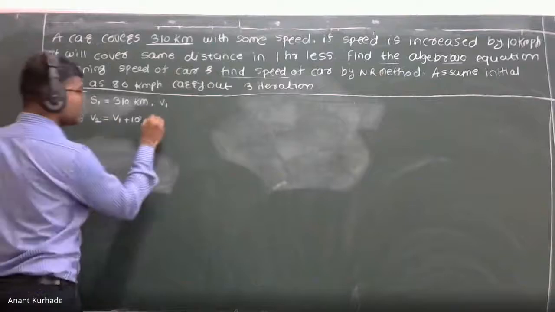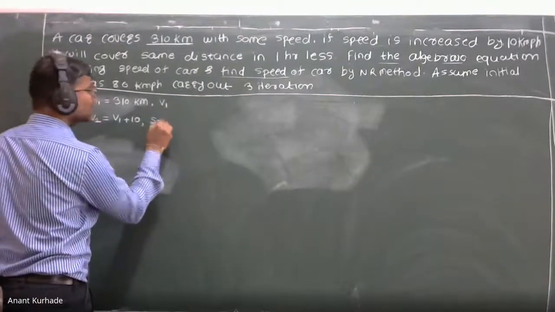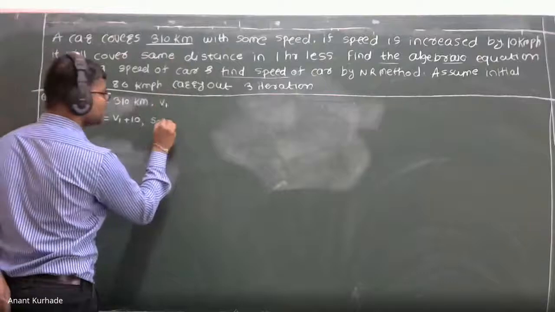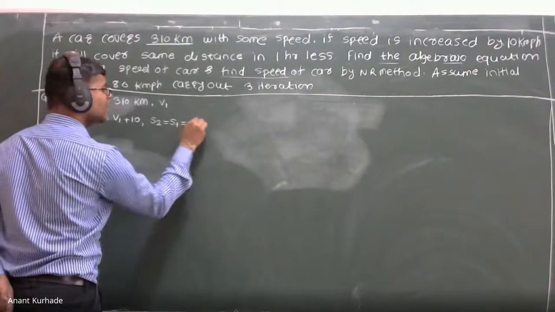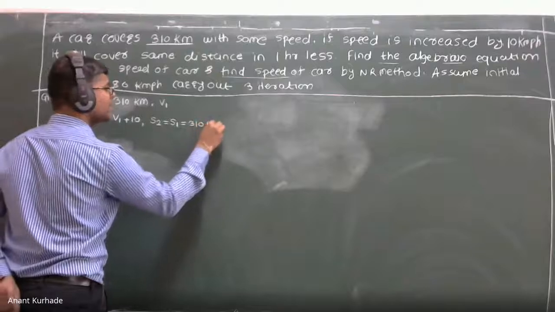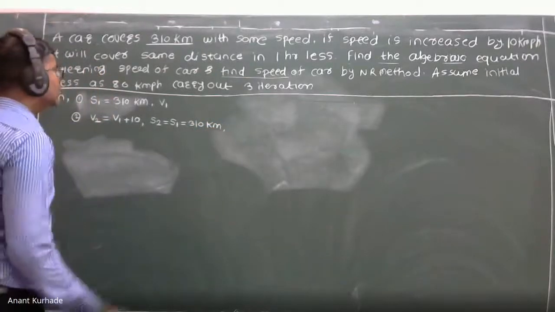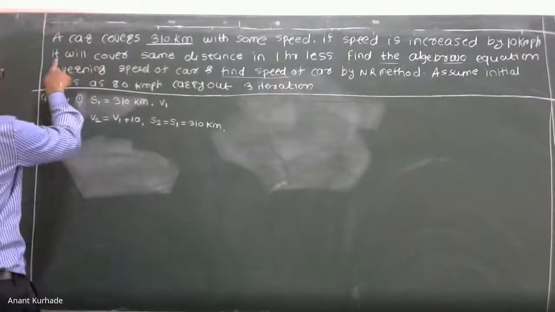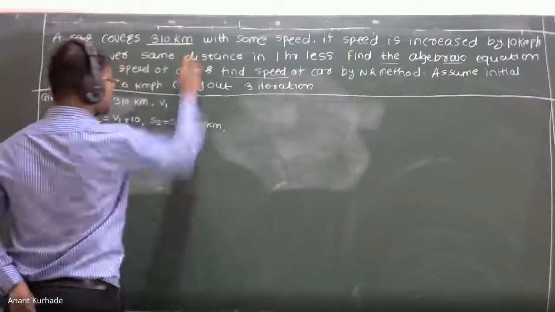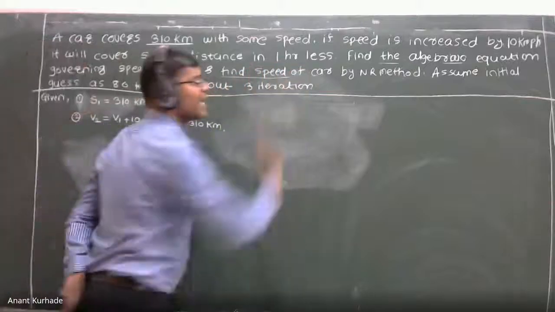Again, for the second condition, we must have S2. It is covering the same distance, which means S2 is equal to S1, which is 310 kilometers. If the speed is increased by 10 kilometers per hour, it will cover the same distance in 1 hour less.